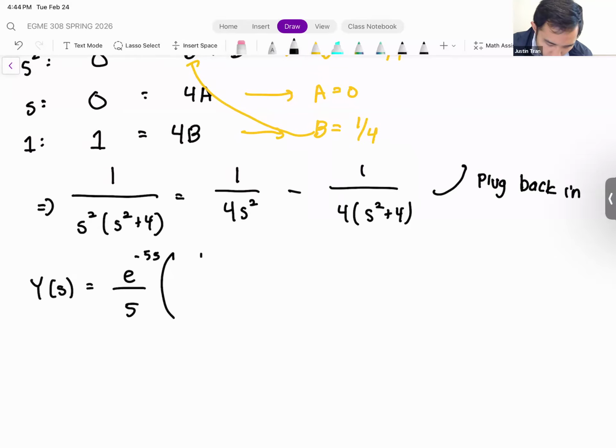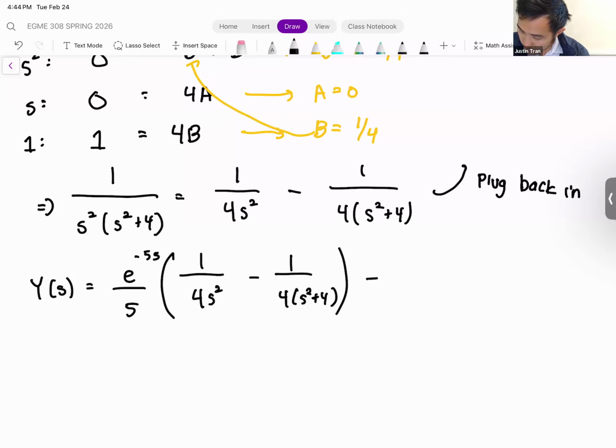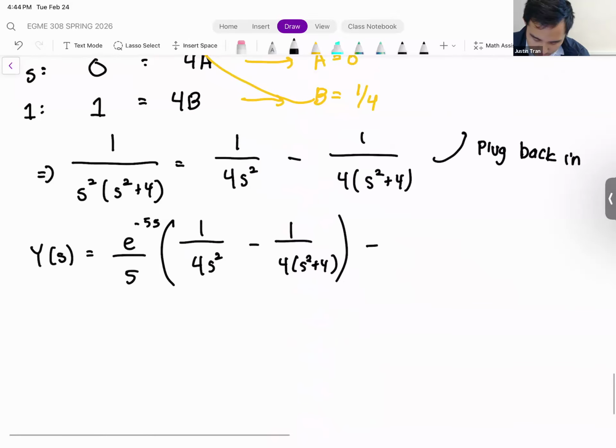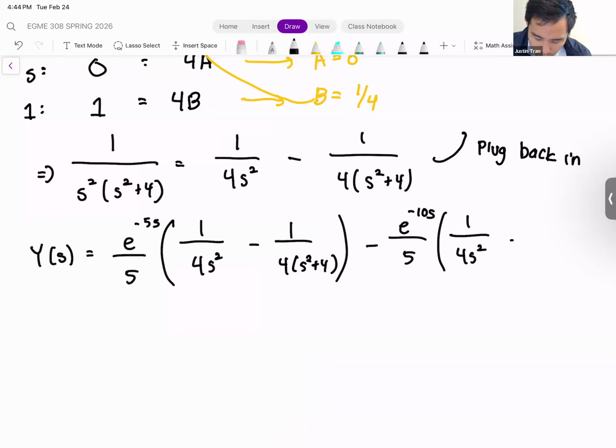So we're going to multiply by 1 over 4 s squared minus 1 over 4 times s squared plus 4, minus e to the minus 10s over 5, multiplied by the same thing. So 1 over 4 s squared minus 1 over 4 times s squared plus 4.